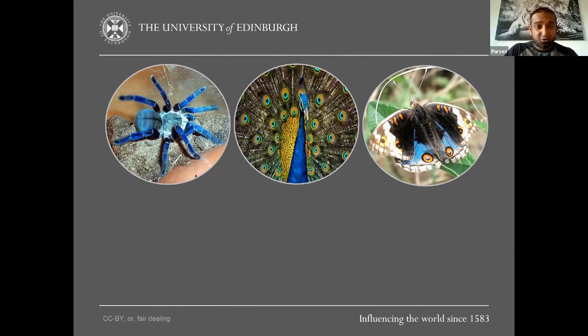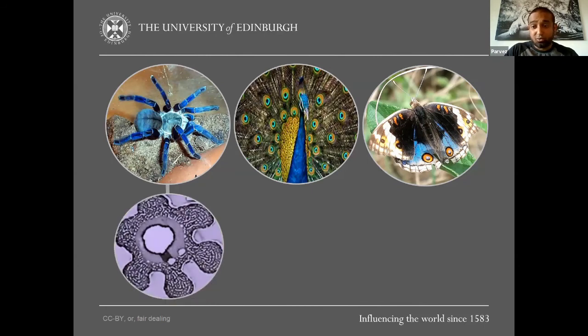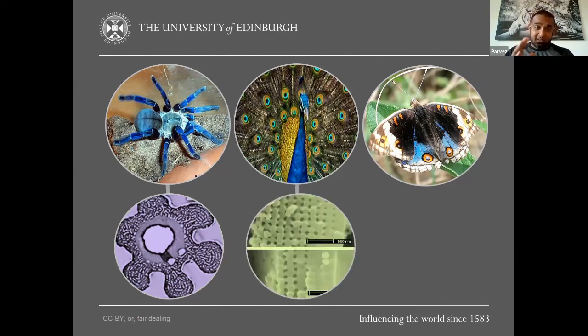When it comes to the cobalt blue tarantula, that lovely blue coloration is essentially a function of the flowery shaped cross-section of the hairs that it has. When it comes to the peacocks, you see there's brown and there's green in the eyes, and they can basically alter the coloration from brown to green by increasing the spacing distance between these systematic packings of what I'll call, right now, blobs.